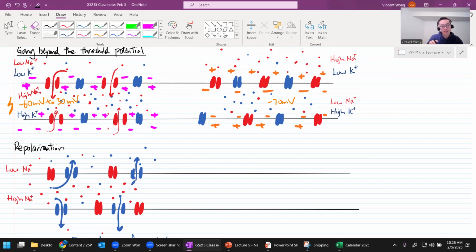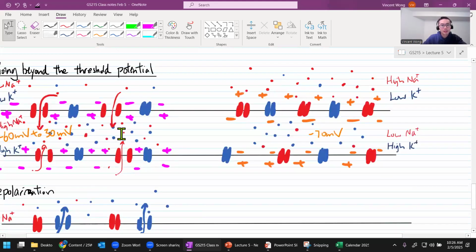Can you see where it is? Okay, let me zoom in a little bit for you. Remember, these doors will close momentarily. All these sodium coming in. Where else can they go? Do you see it on the picture?